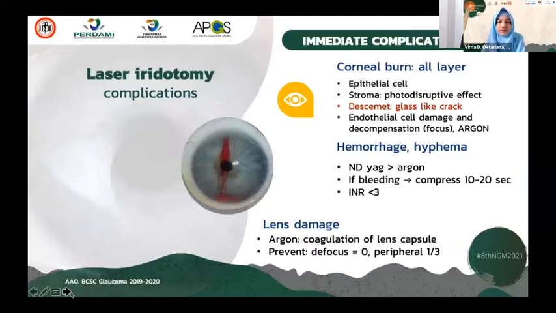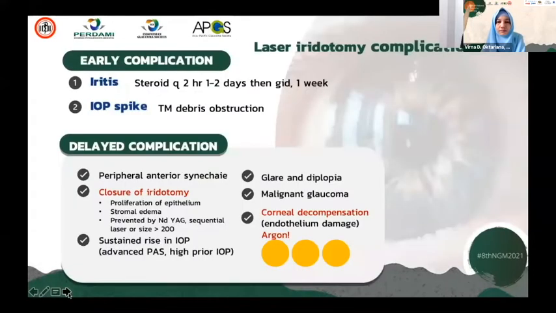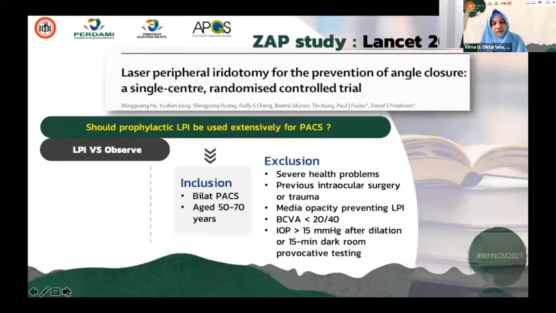You can have a Descemet crack as well, or somehow cause lens damage. The long-term complications that we all usually hear about are closure of the iridotomy or corneal decompensation. This can be encountered from time to time, but usually with the argon laser; it is not usually found with pure YAG iridotomy. So please be careful about it with the argon.